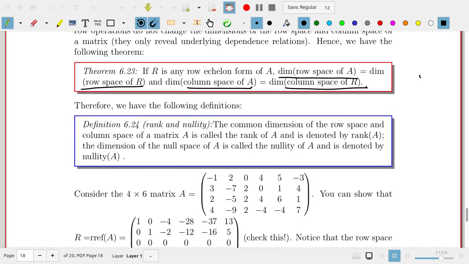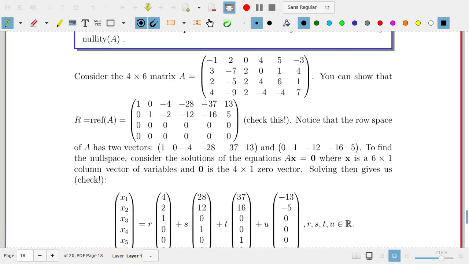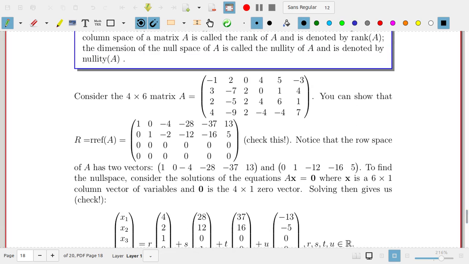The dimension of the row space of A, which is equal to the dimension of the column space of A, is known as the rank of A. And the dimension of the null space of A is known as the nullity of A. So if you start off with a 4x6 matrix and take it to the RREF, the two basis vectors for the row space are this one and this one, and of course the two basis vectors for the column space are this one and this one.